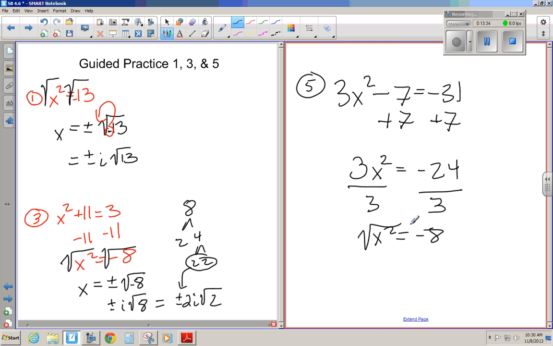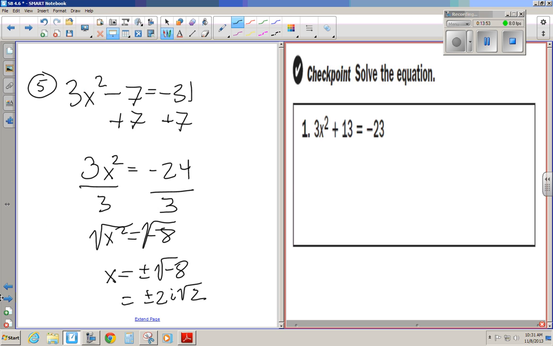And we square root both sides. And you will, of course, never forget the plus or minus. And if you notice, the square root of negative 8, we're remembering, is plus or minus 2i square root 2.